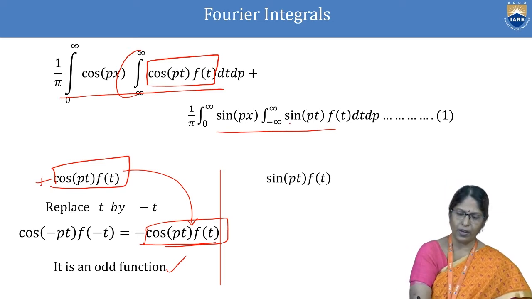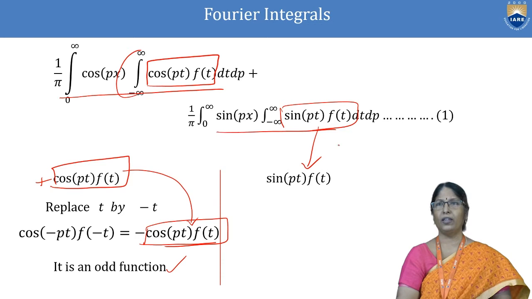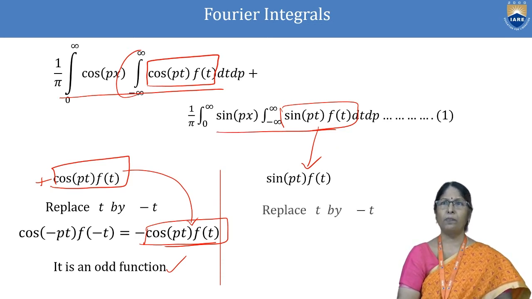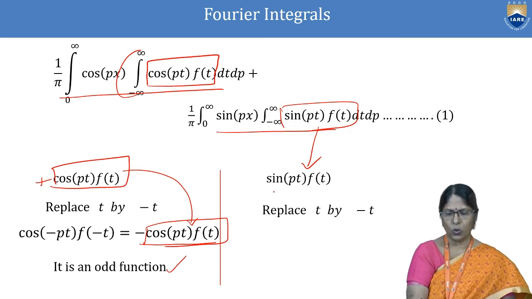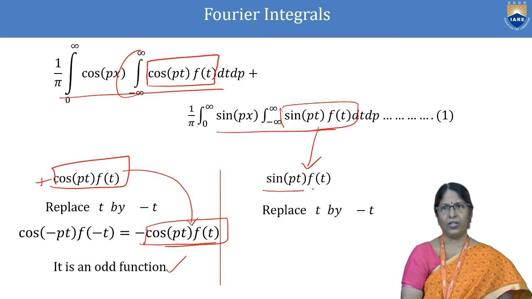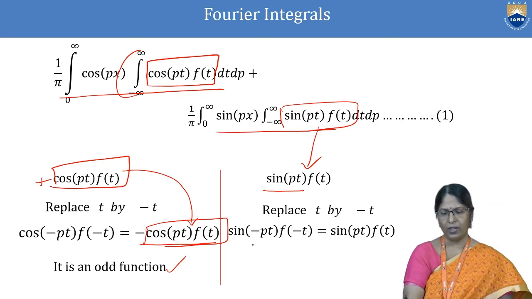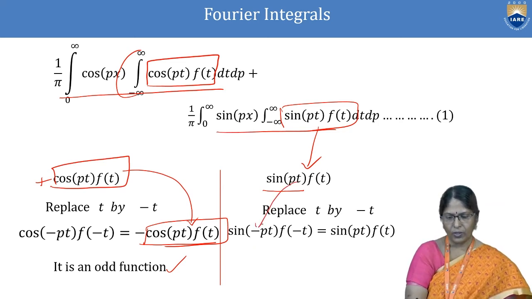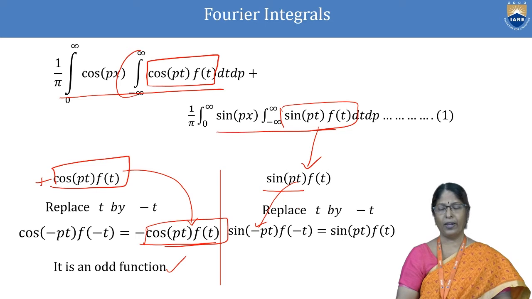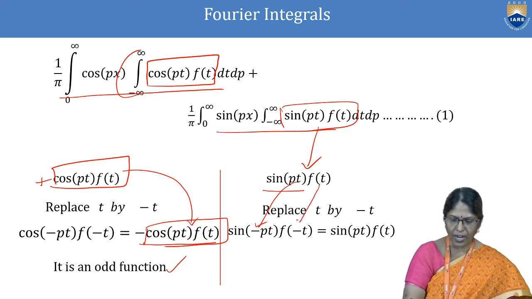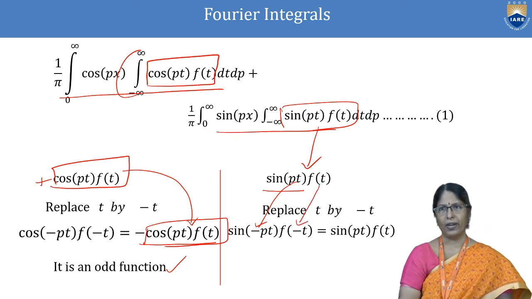The same here: we take sine of pt f of t and replace t by minus t. So sine of pt is replaced with sine of minus pt, and f of t becomes f of minus t.